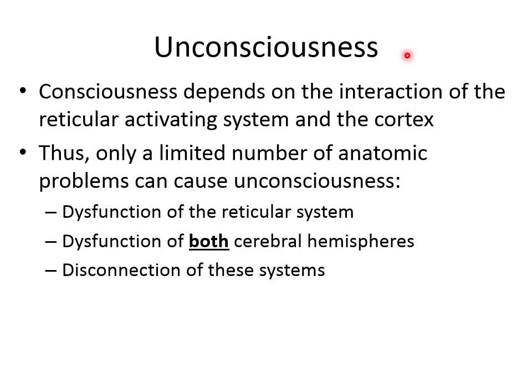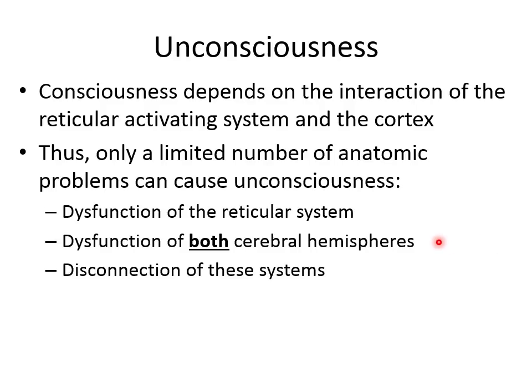Unconsciousness. What is it? Consciousness itself depends on the interaction of the reticular formation and the cortex. There are only a small number of anatomical problems that can cause unconsciousness. Direct dysfunction of the reticular formation is one. Dysfunction of both cerebral hemispheres is the other.